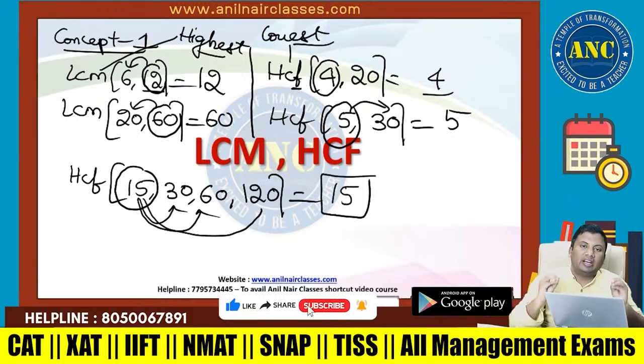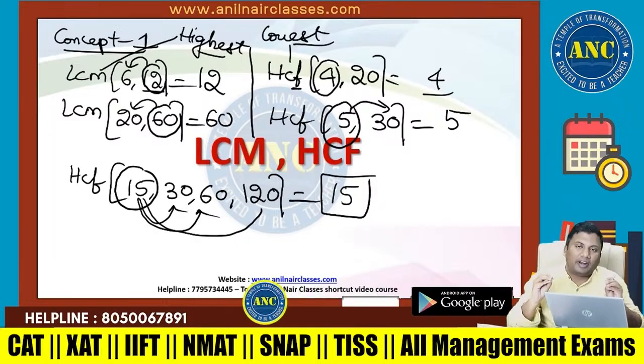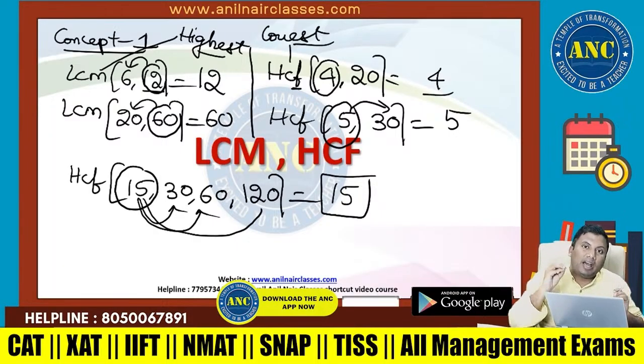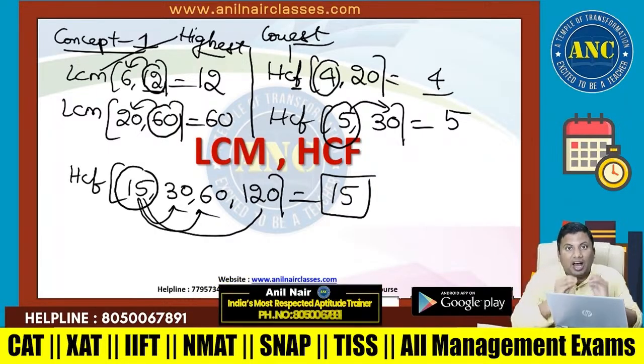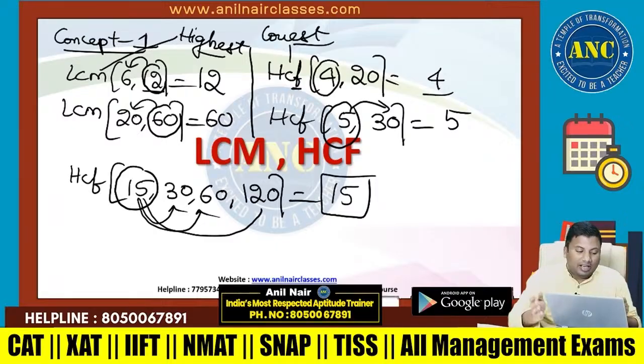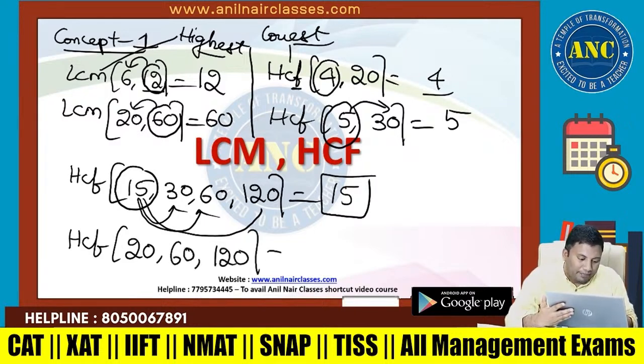What we did in LCM type 1, the same concept holds good in HCF. The only difference is in LCM I will take the largest value. In HCF I will take the smallest value. For example, HCF of 20, 60, 120.